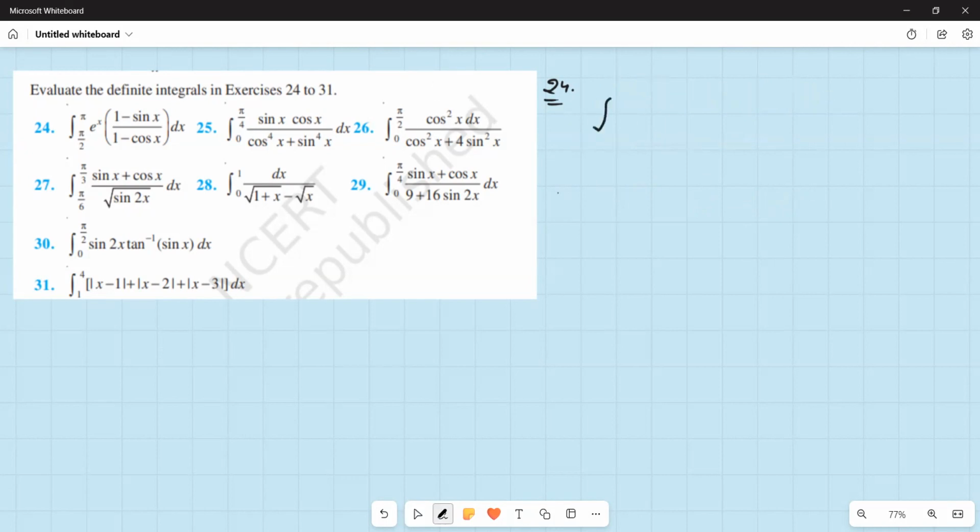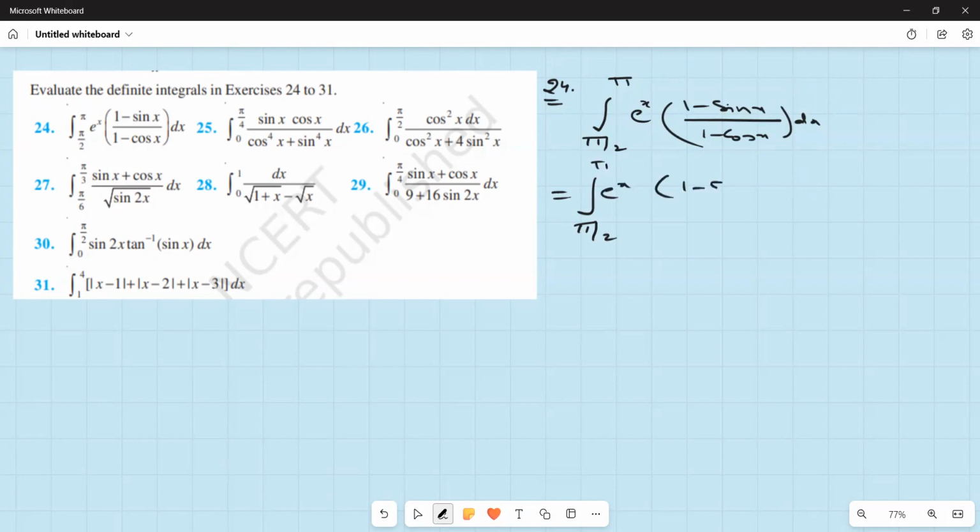This is the integral from pi by 2 to pi of e^x (1 minus sin x) upon (1 minus cos x) dx. Right? So that is equal to the integral from pi by 2 to pi of e^x, numerator as it is, and 1 minus cos x is 2 sin square x by 2, dx.